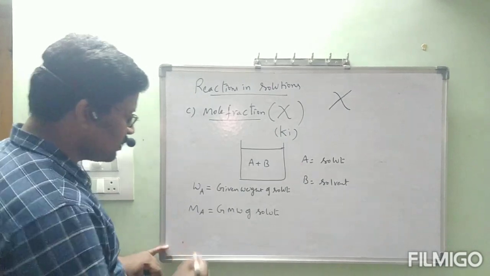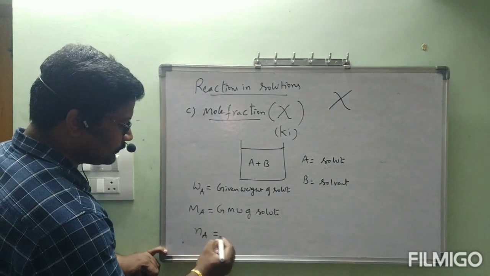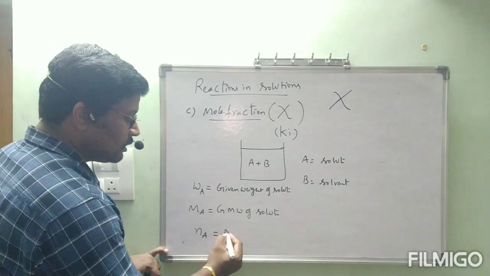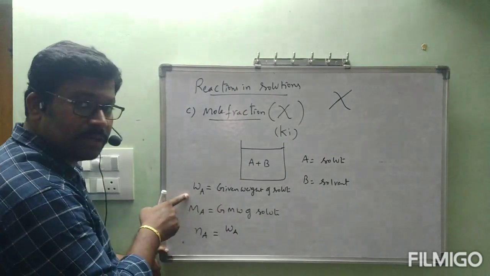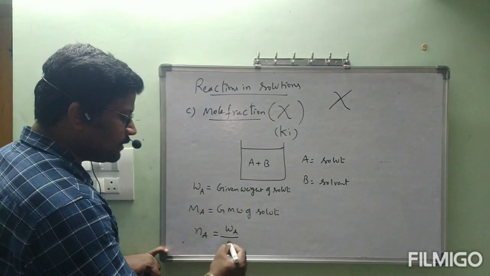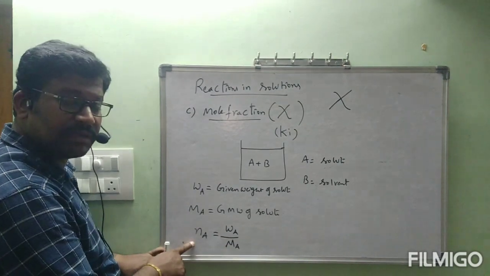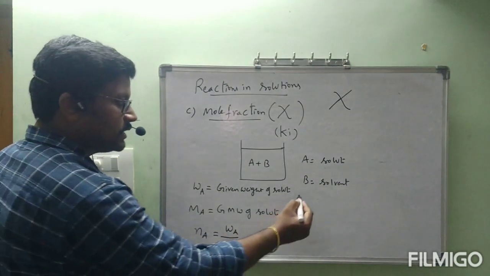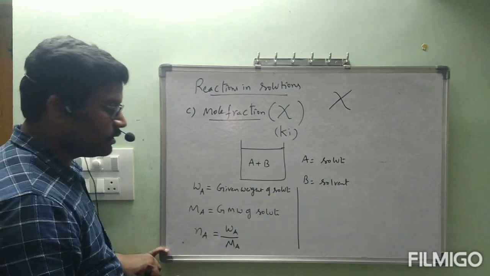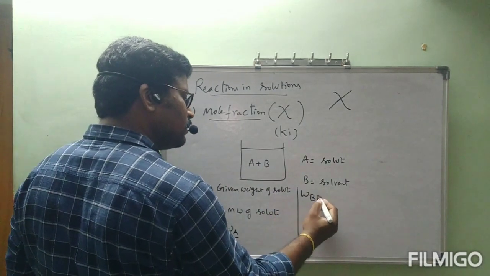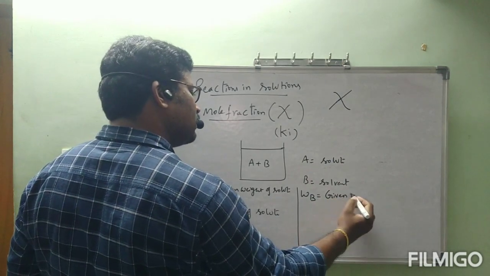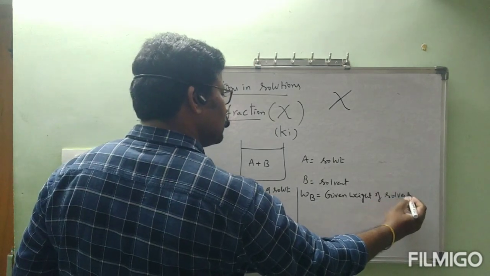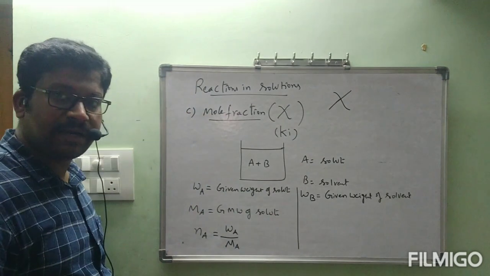Now continue. Next, Na is equal to, what is this Na? Number of moles of solute. The formula for number of moles of solute is given weight of solute Wa divided by gram molecular weight of solute Ma. Na is equal to Wa by Ma. Next, the same way we continue for B also. Wb is equal to given weight of solvent.